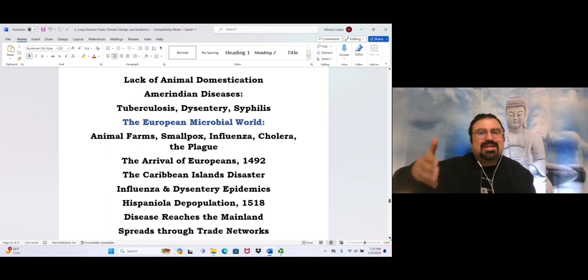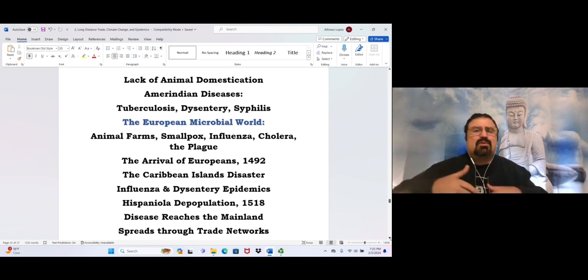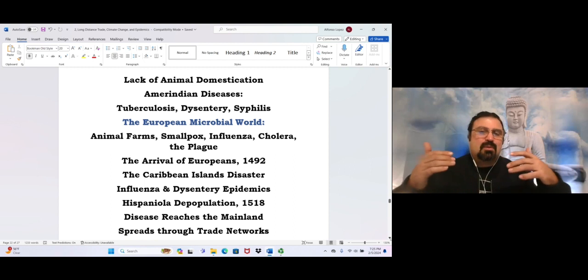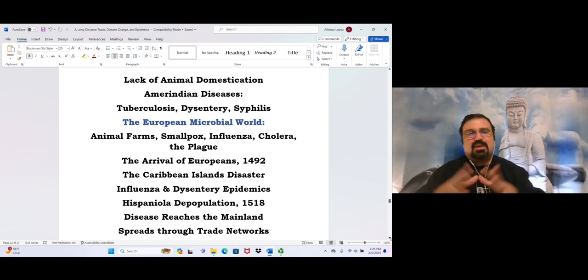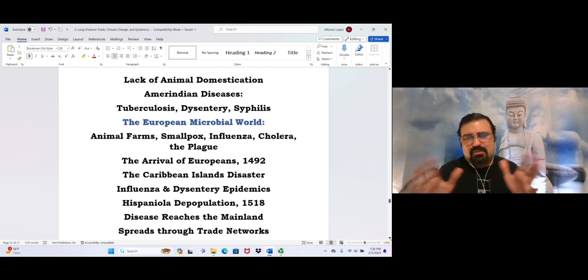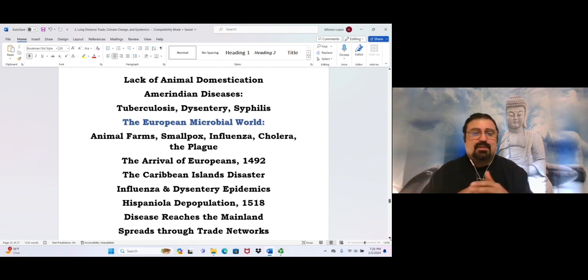Those animal species don't exist in the Americas. So again, there were never animal farms in the Americas. So the transmission of disease from animals to humans was not present in the Americas. The only animal that was domesticated was the llama, in South America. That's the only exception.